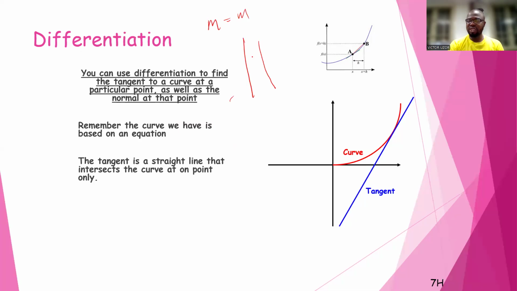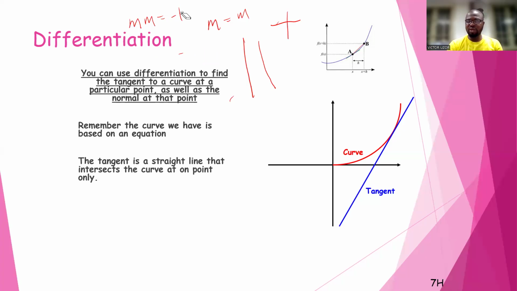But when they are perpendicular to each other, the multiplication of their gradients will give you -1, which means the gradient of one is the negative inverse of the other.